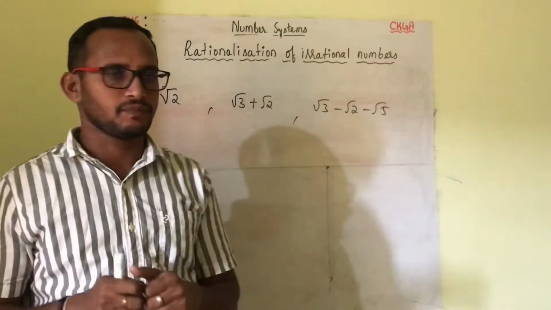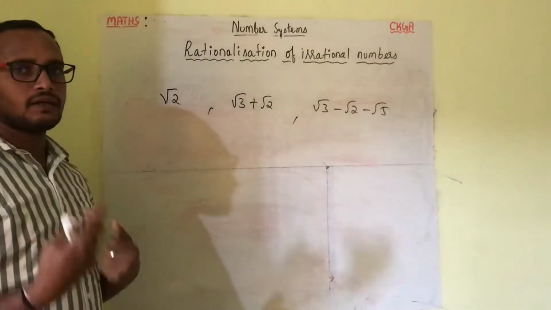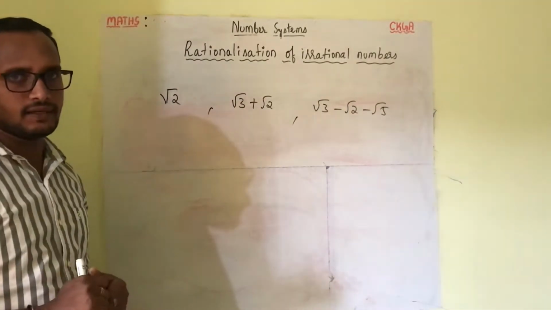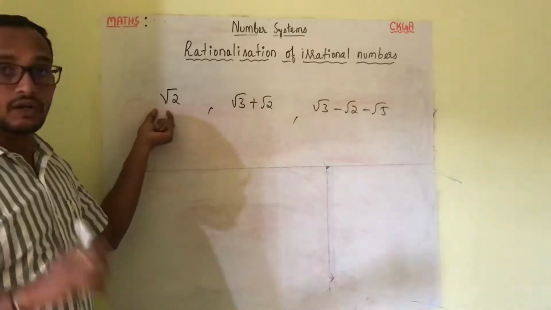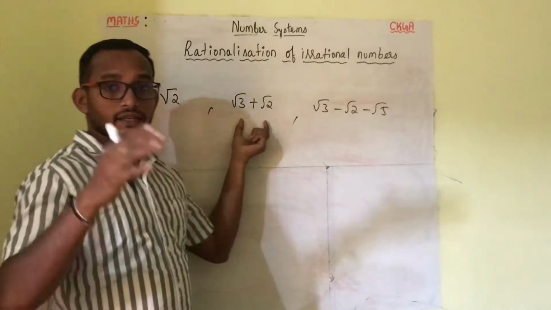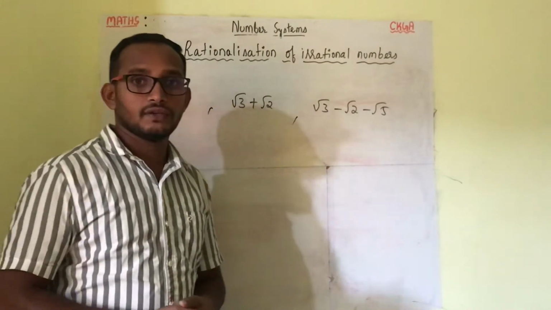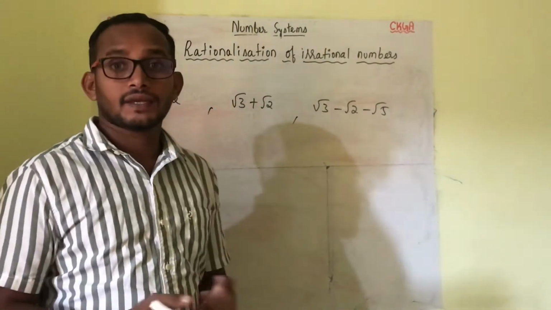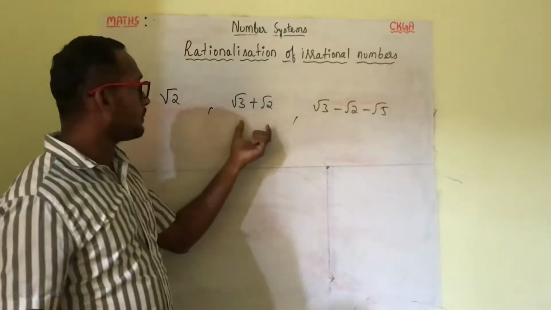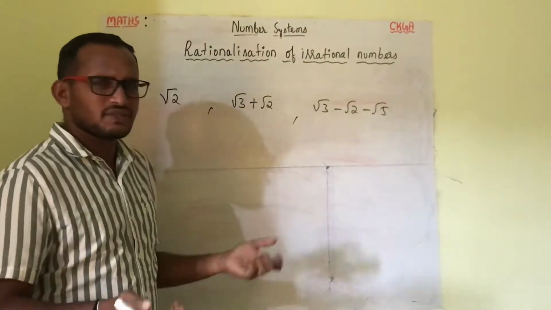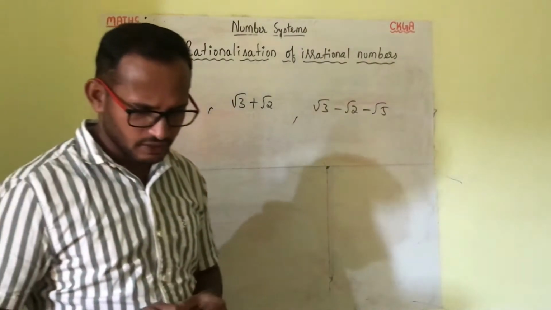If an irrational number contains a single term, we call it a monomial irrational number. If there are two, a binomial irrational number. If there are three, a trinomial irrational number. Just like your algebraic expressions in class.